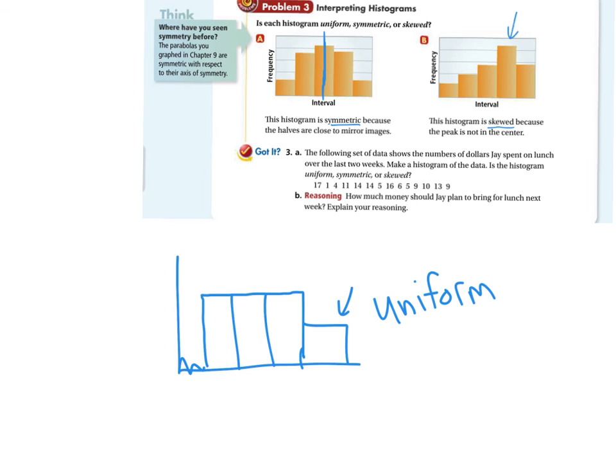And then the last part there, part B, says how much money should Jay plan to bring for lunch next week. These are ranges 1 to 5, 6 to 10, and 11 to 15. So you could say maybe about, for the week, this is how much he spent the last 2 weeks.